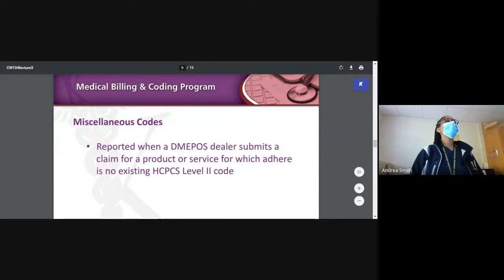Miscellaneous codes are reported when a DME POS dealer submits a claim for a product or service for which there is no existing HITPIX Level 2 code. So the miscellaneous code is going to be as close as you can get to what you're trying to bill out on.